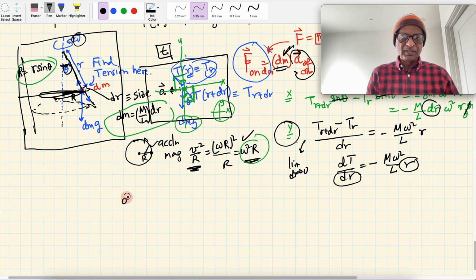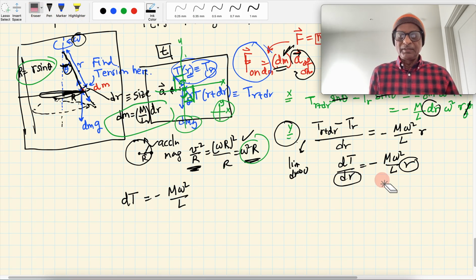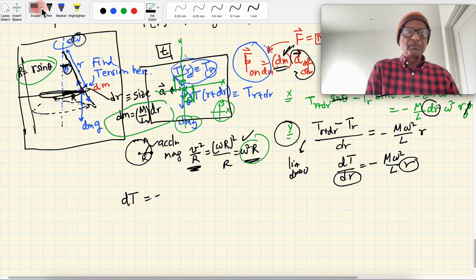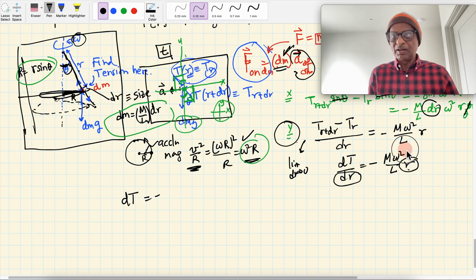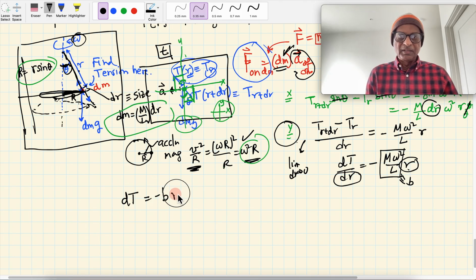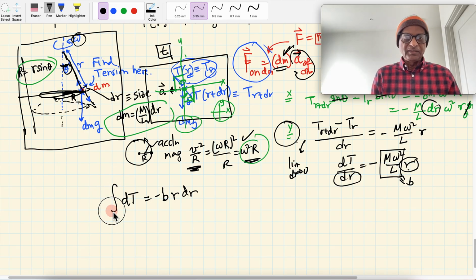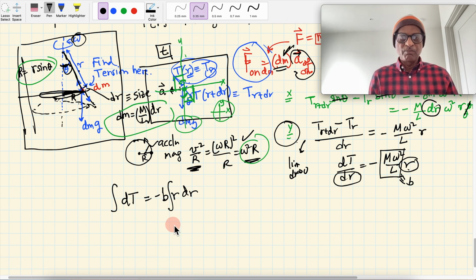So we have a dT on one side, minus m omega squared over L. So rather than keep writing it everywhere, let's just call this blob, which doesn't depend on t or r, b for the blob. So minus b r dr. Okay. Now you need to integrate, and this is constant, so integrate.